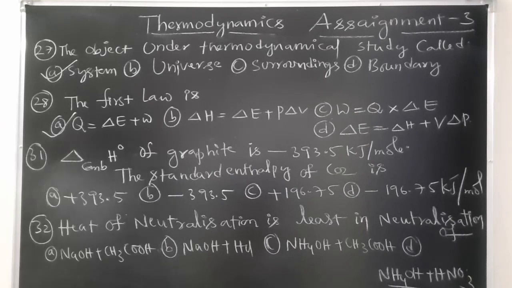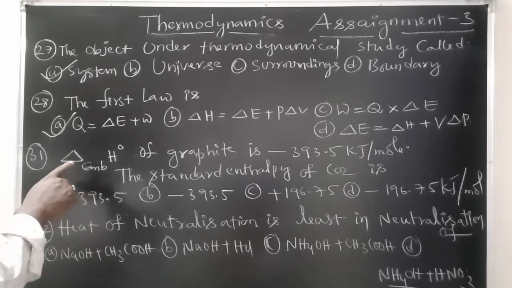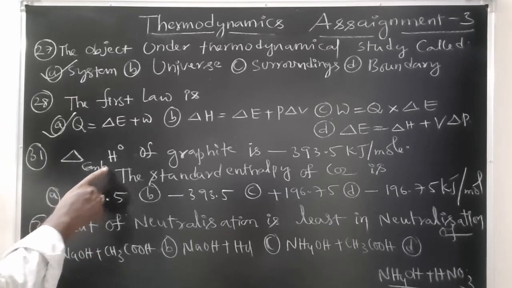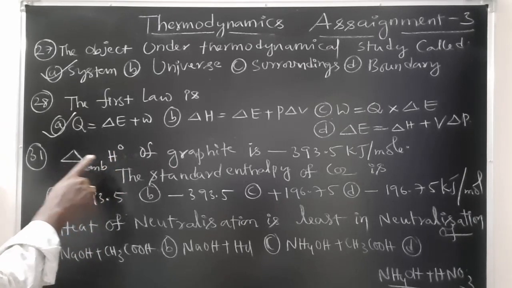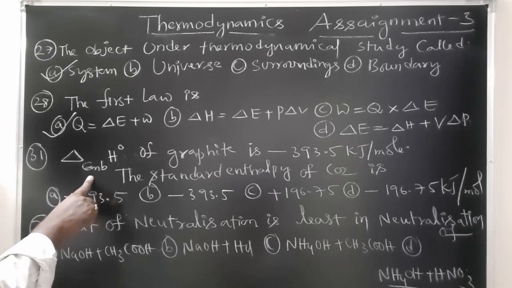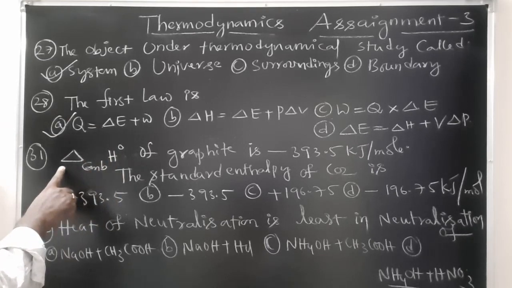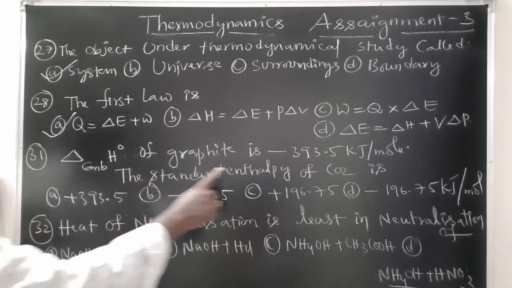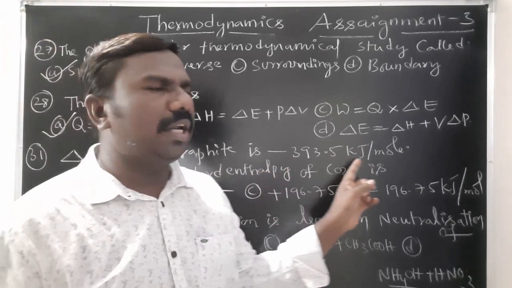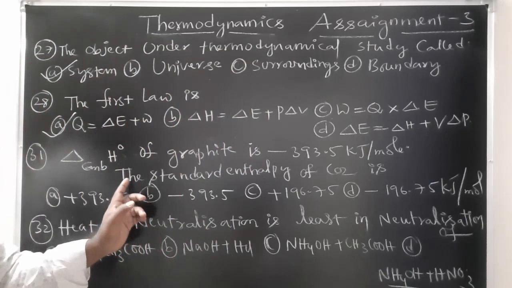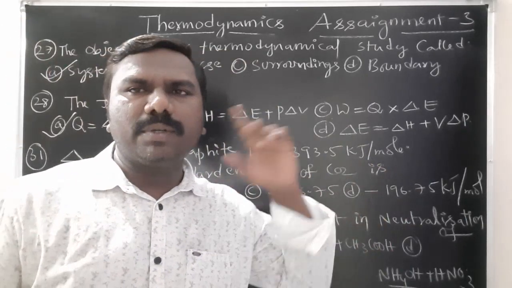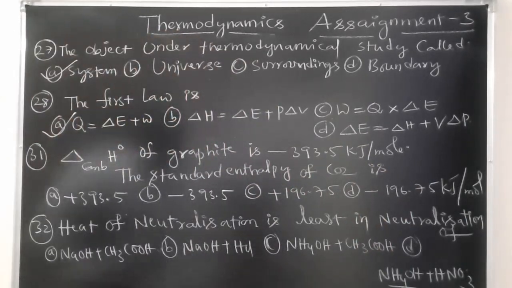Okay, next after that, enthalpy of combustion. It means standard change in enthalpy of combustion. Once again, the standard change in enthalpy of combustion of graphite is minus 393.5 kilojoules per mole. The standard enthalpy of CO2 is, so combustion of C forms what, students?